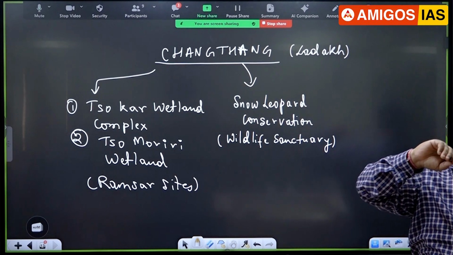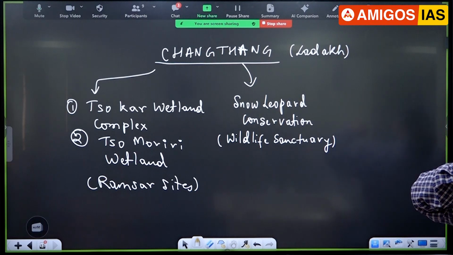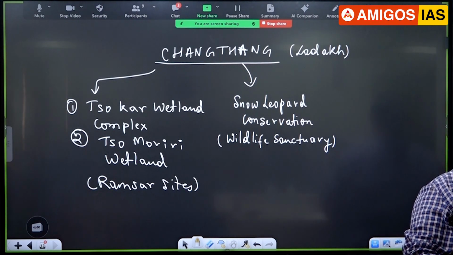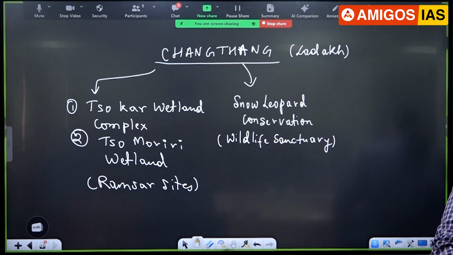But there's one animal which is found in Changthang and also in Arunachal Pradesh. It was recently in the news. Can anyone tell me? Let me give you a hint also. It's a migratory bird.